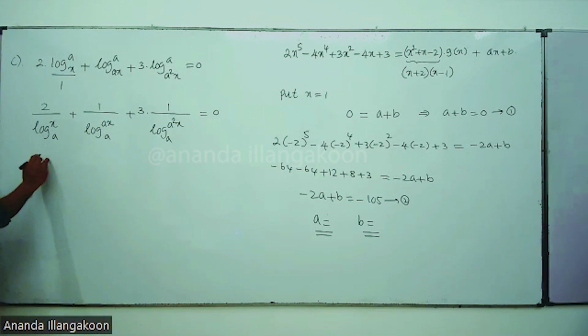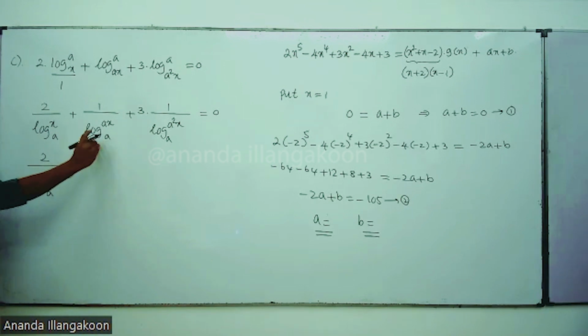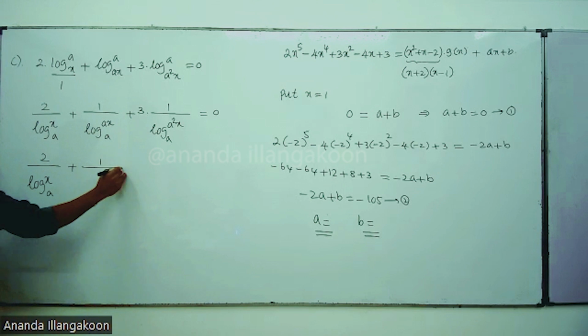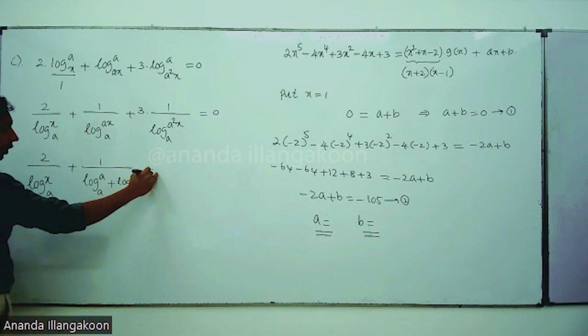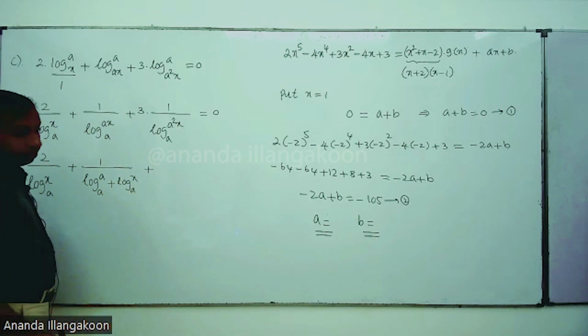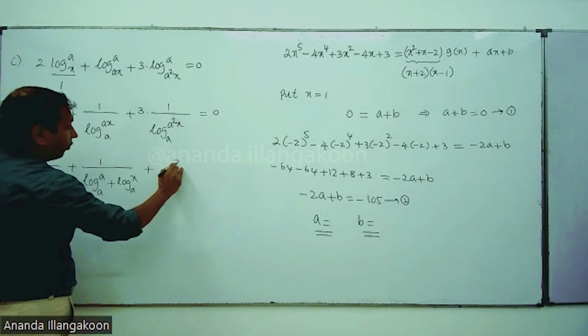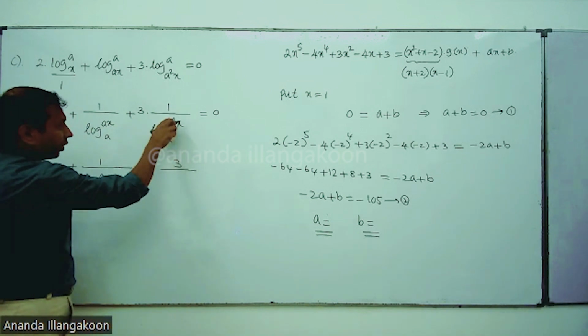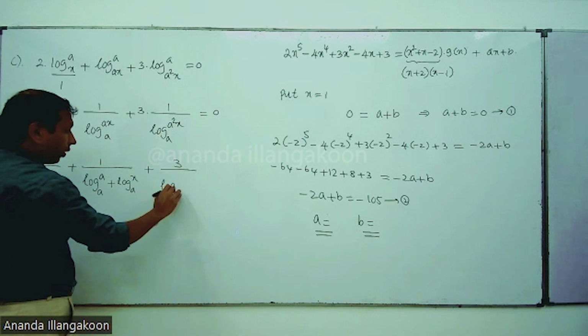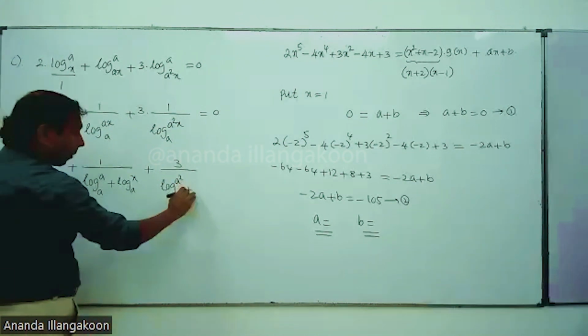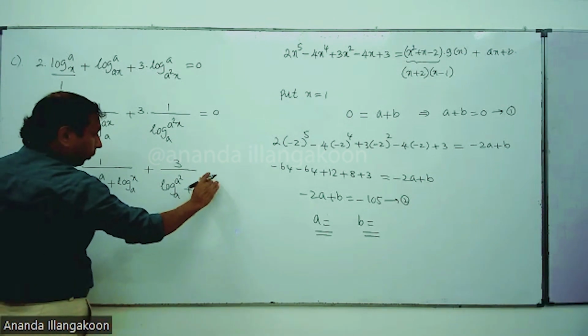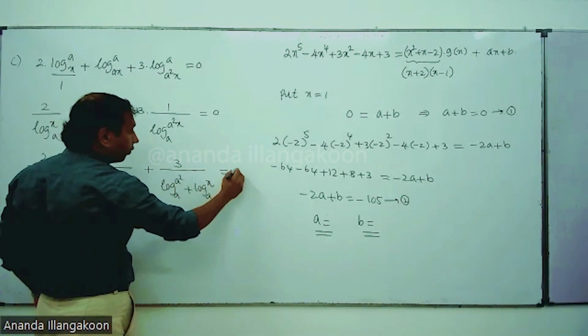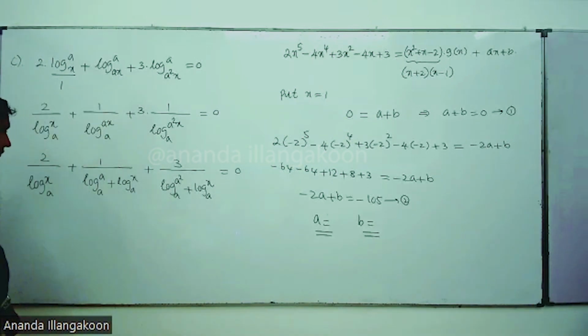Right. Now, here we have a product. When you have a product, you can write it as a sum, log a plus log x. This way you can write that as a sum. Here, 3 into 1 means 3. This also, a squared and x are a product, so we can write that as a sum, like this, equals 0.